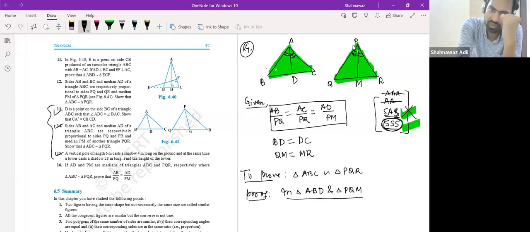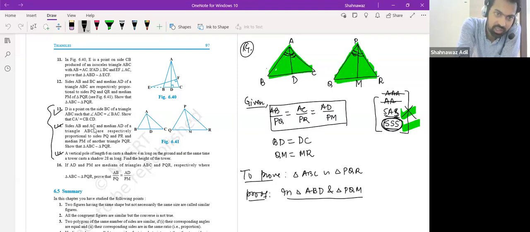So we have very little information. Is angle ABD equal to angle ADC? No, ABD is this angle, ABC is this angle. This is not equal.